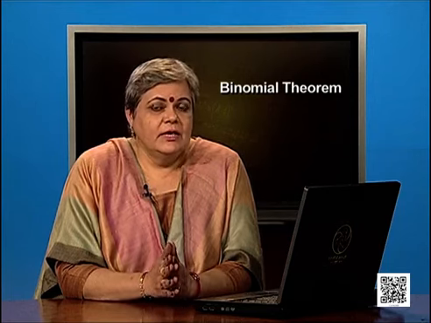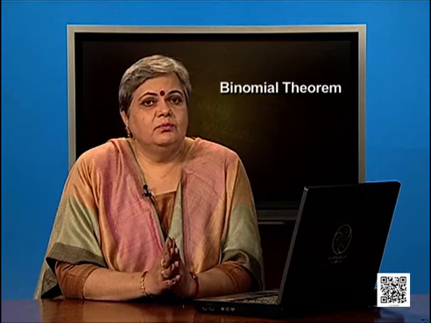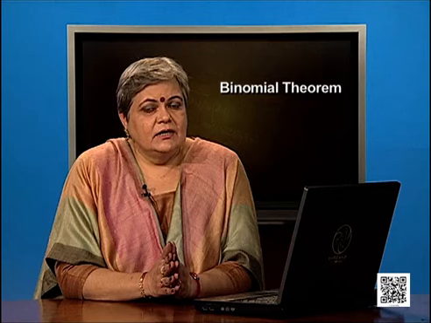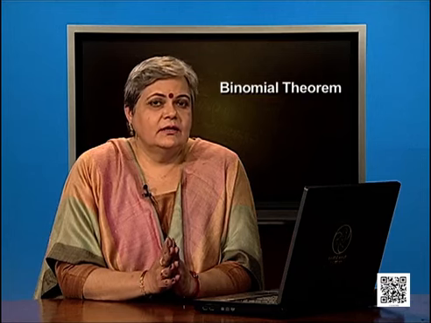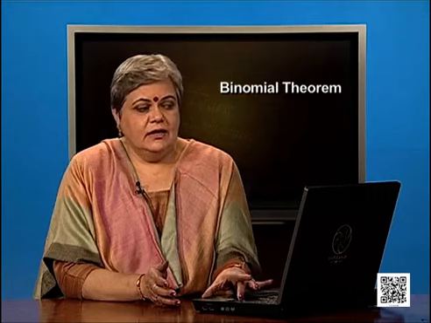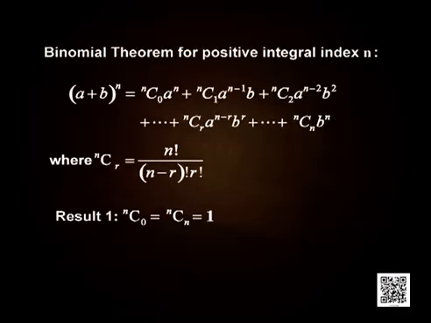Now, today as I said, we will focus on proving the result. The proof of this result depends on two other sub results which suggest that NC0 is equal to NCn is equal to 1. Now, there is nothing new in this result.